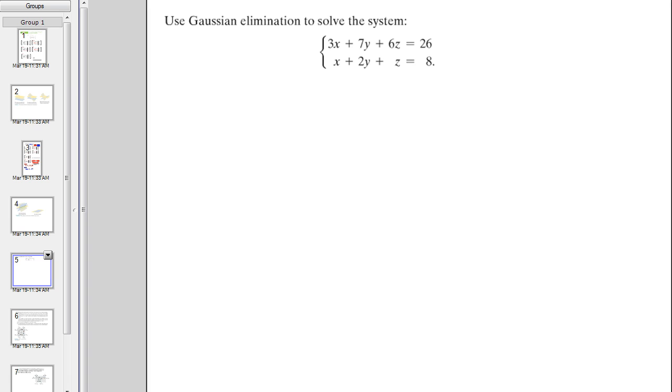But we only have 2. Well, this thing is not going to have a unique solution. When there are not enough equations for each variable, you cannot get a single solution. So we're going to have a dependent system here. That'll always be the case if there are more variables than there are equations. So this is what our system looks like.